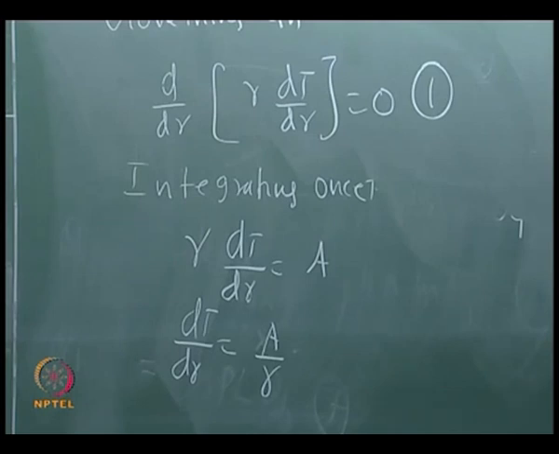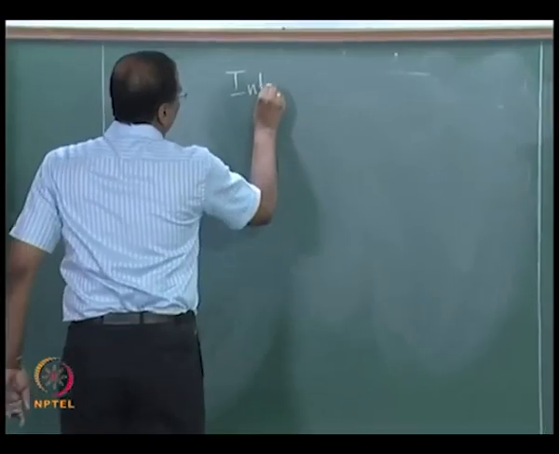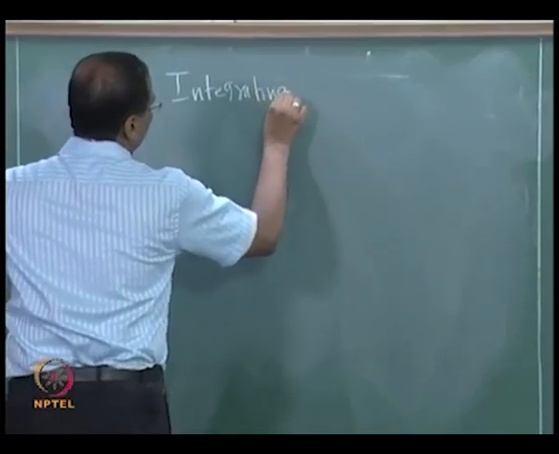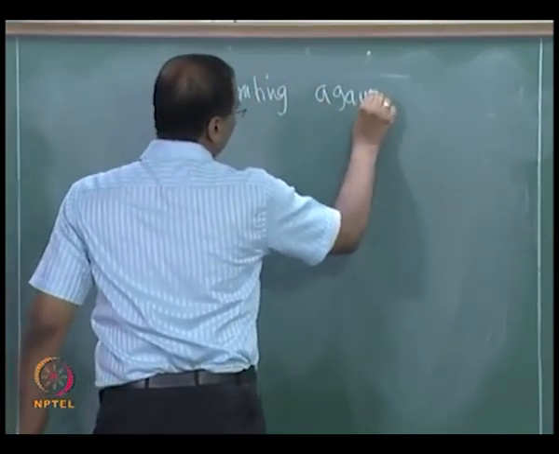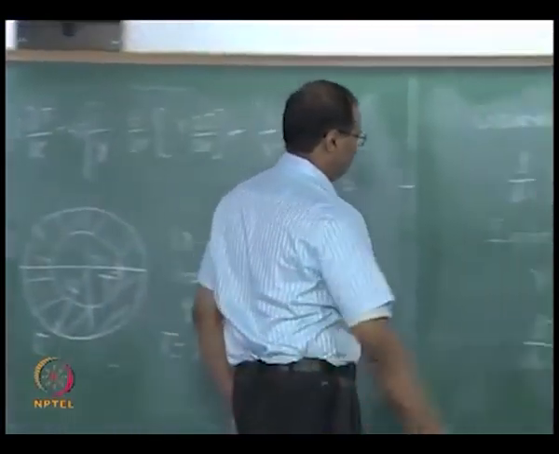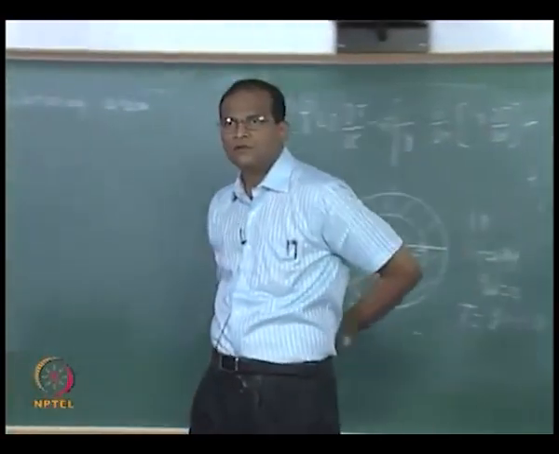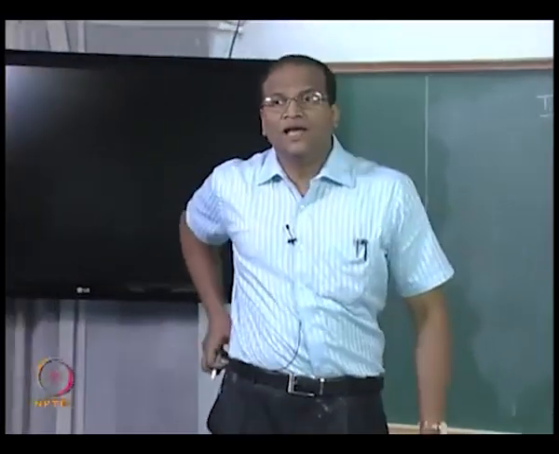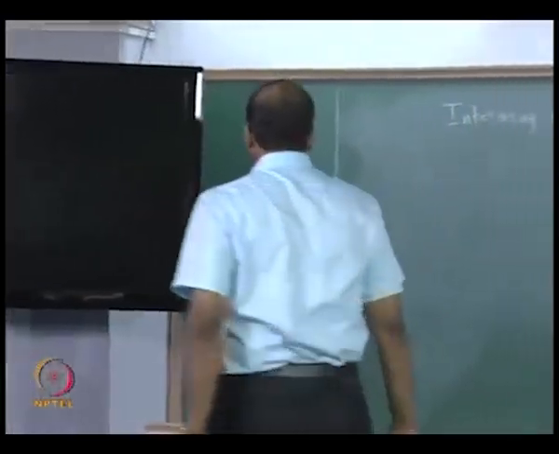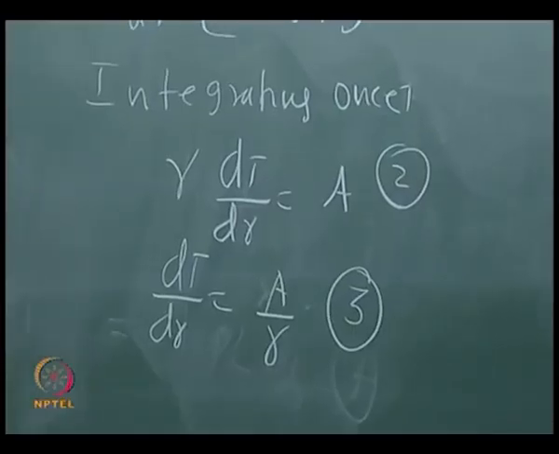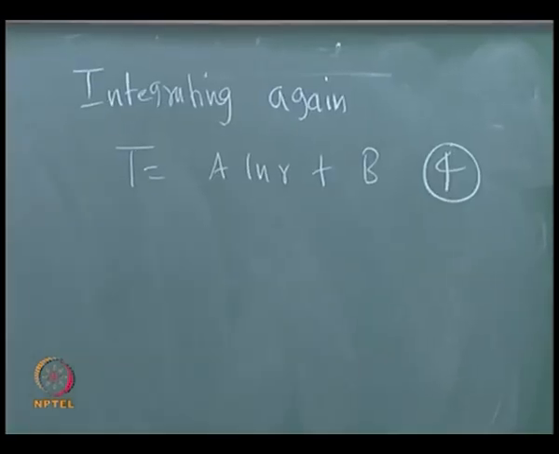now integrating again, T equal to A ln r plus B, correct. Substitute the two boundary conditions: at r equal to r1, T equal to T1, and at r equal to r2, T equal to T2, that is specified to us.